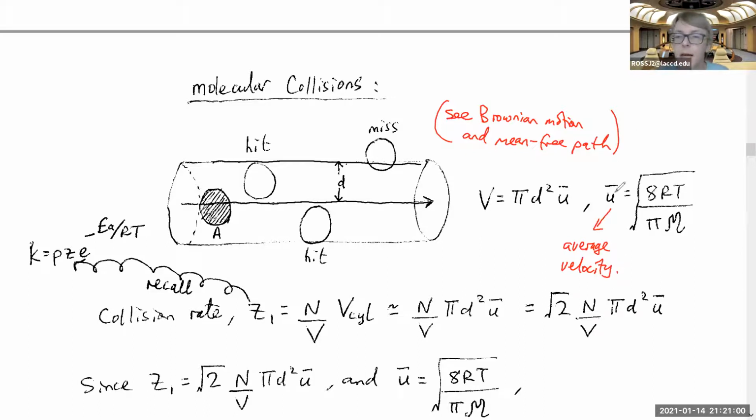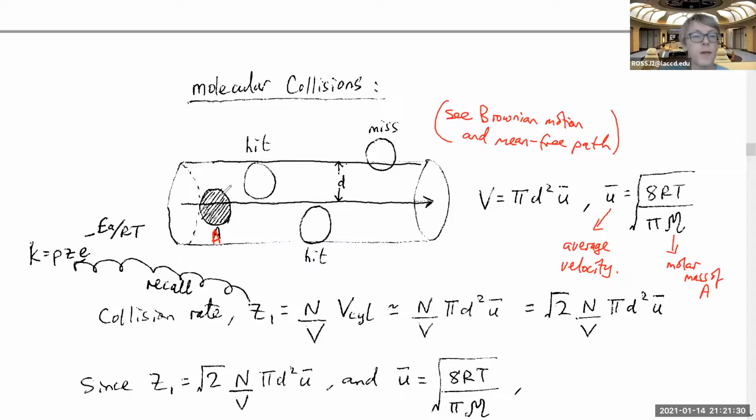The average velocity is the square root of 8RT over pi m, where M is the molar mass of whatever this molecule A is, R is the ideal gas constant, and T is temperature in kelvins.